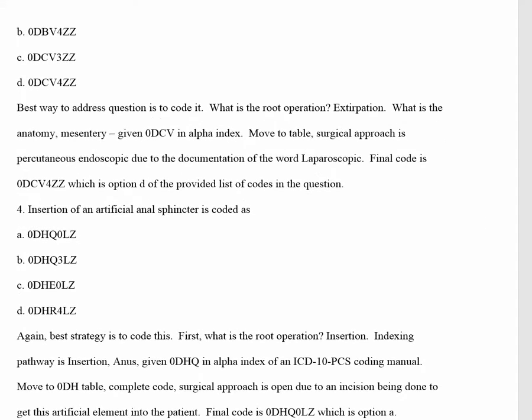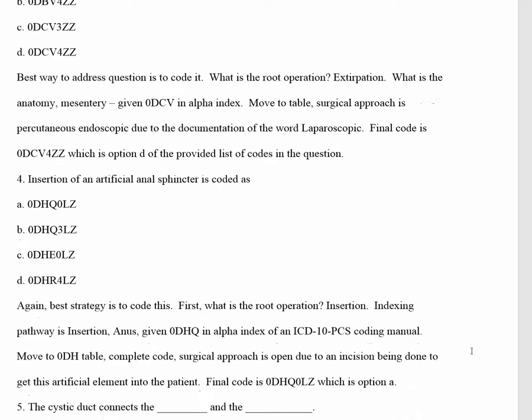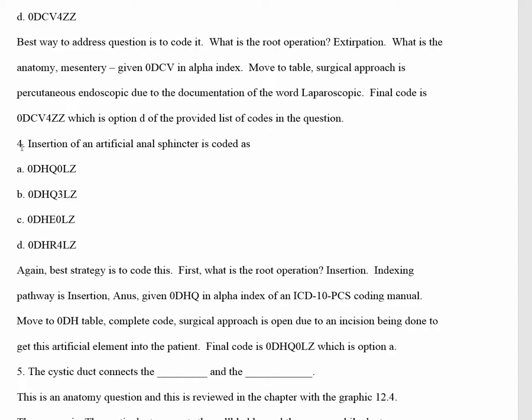The next one, number 4, is insertion of an artificial anal sphincter, is coded as, again, they give you 4 options. Best way is to code it. What's the root operation? The root operation is insertion. Then the anatomy, insertion, anus. You're given 0DHQ in the alpha index. You go to the 0DH table.